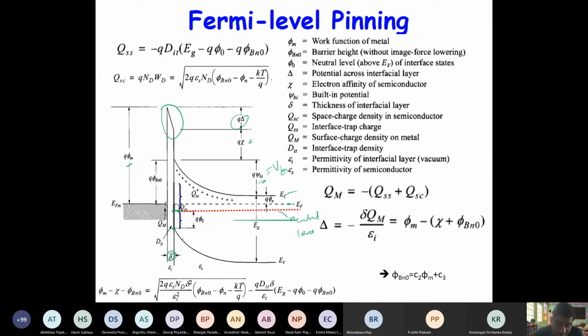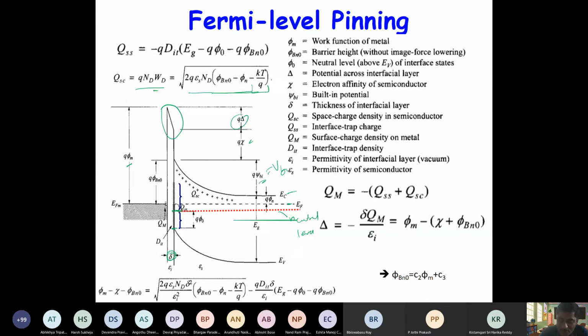Now what is the charge in the semiconductor region, the space charge region? That of course will be Q ND times WD, that we all know, and WD you can calculate very similar to the PN junction, the same way. And this kT by Q actually appears if you have done the quiz at the end of one of the classes.